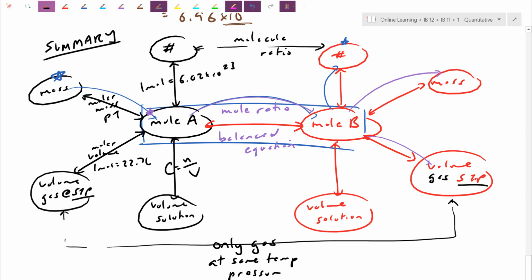I do want to emphasize there, this is not necessarily going to be STP. I could be at some totally random temperature, totally random pressure, but as long as we keep at that temperature, keep at that pressure, that was called Avogadro's hypothesis. That gives us one new link. Aside from those two sort of obscure links here, we really have to go through moles, then I can straight do mole ratio, and then convert over to whatever unit I want.